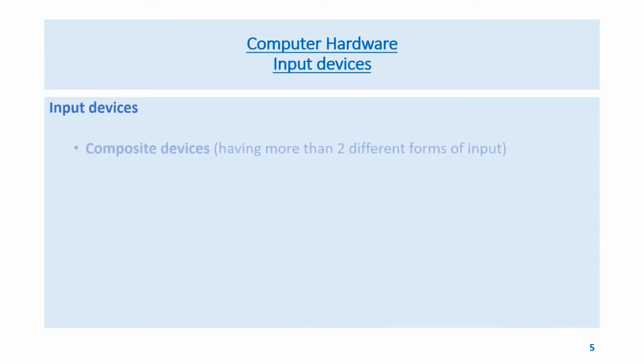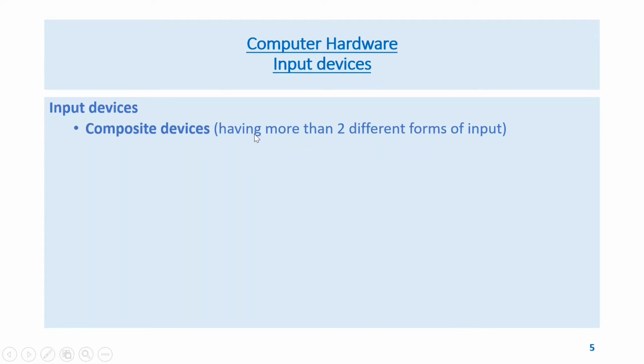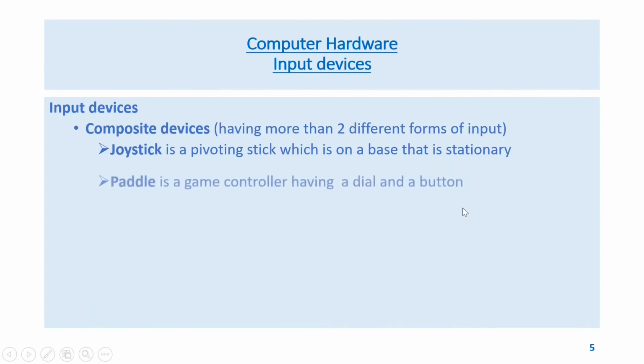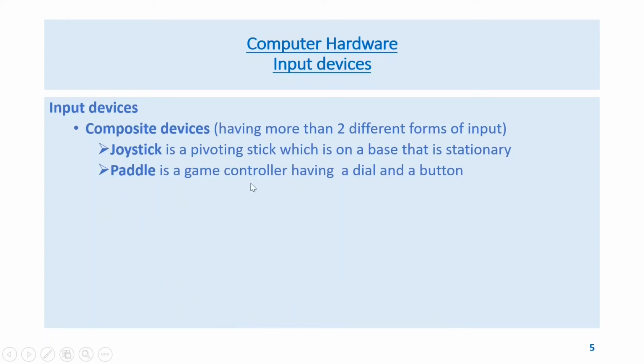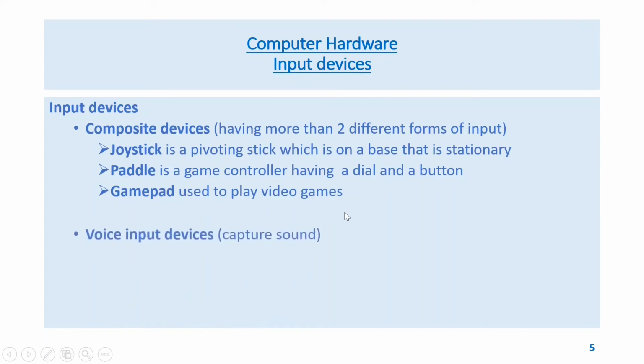Compound devices. Compound devices are those having more than two different forms of input. Example, joystick. Joystick is a pivoting stick which is on a base that is stationary. Paddle. Paddle is a game controller having a dial and a button. Gamepad. Gamepad is used to play video games.